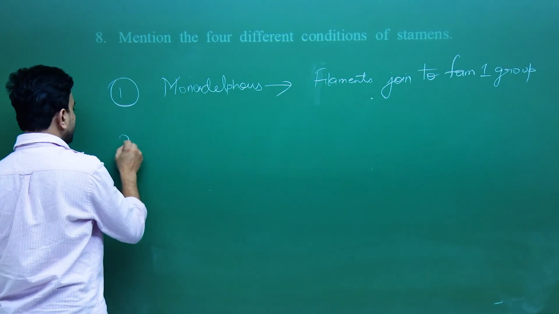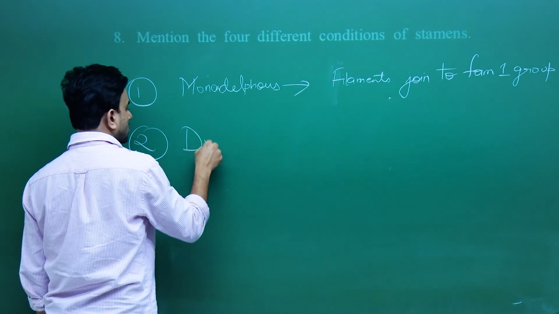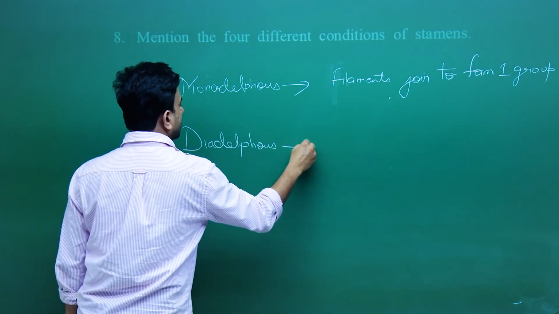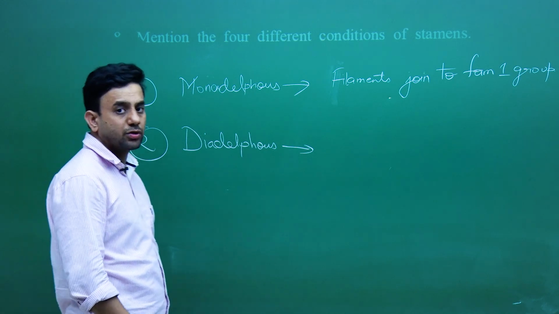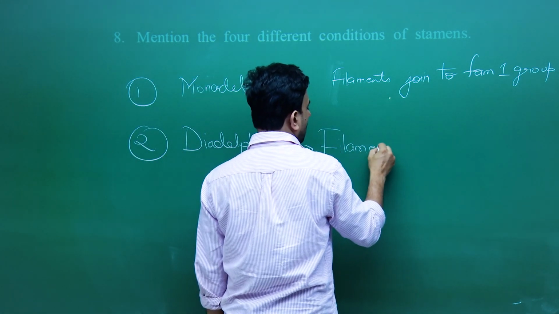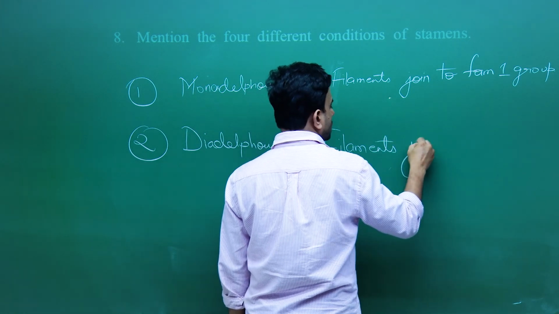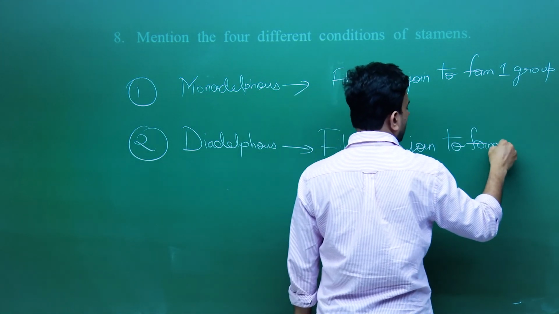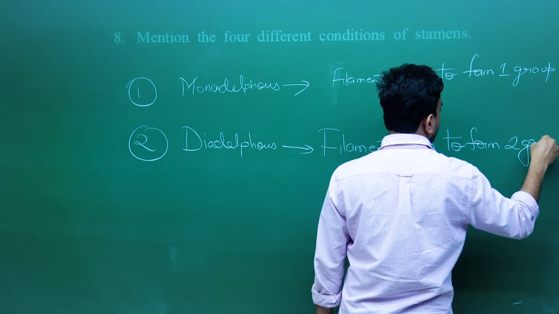This is the monoadelphous. Then we can talk of the diadelphous condition. In the diadelphous condition, filaments join to form 2 groups.